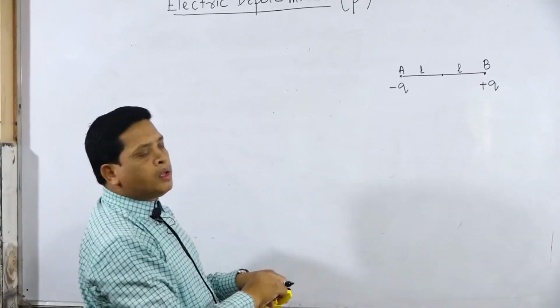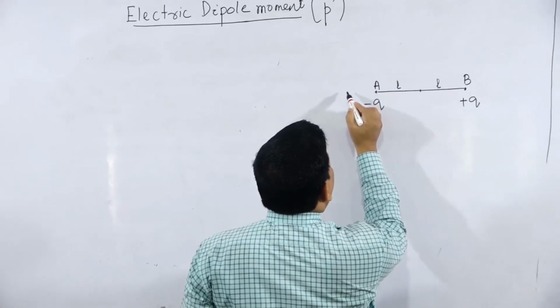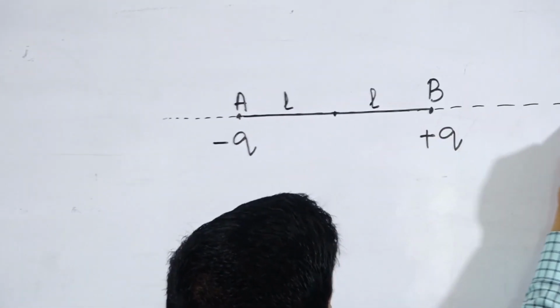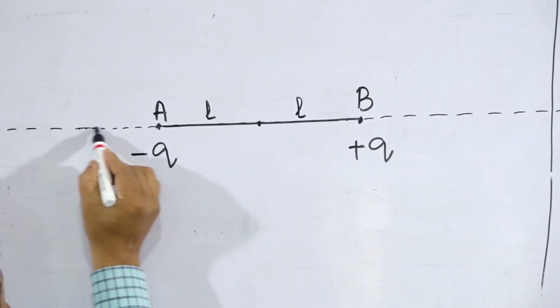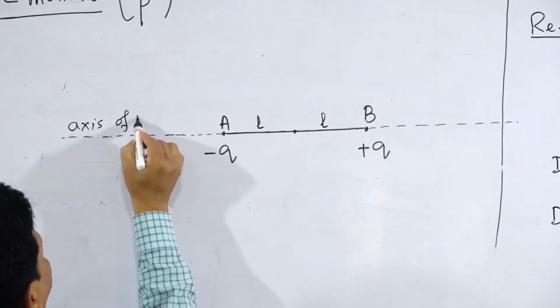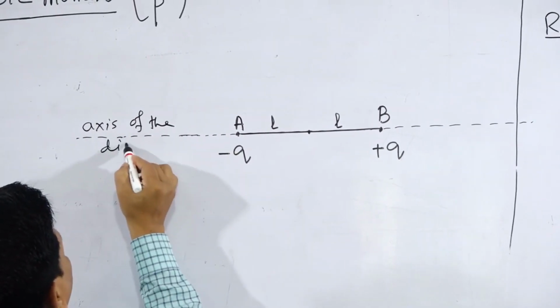Look here, this dipole AB, if you take this dipole, then this line is known as axis of the dipole.